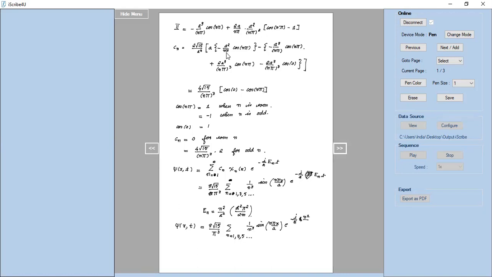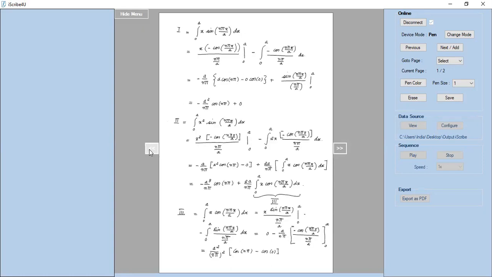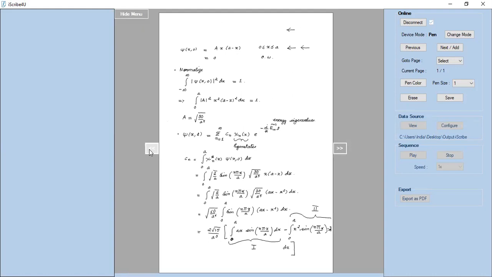N square by a square. I don't know. I had this issue last time as well. But if you look at what we have done over here, let me just go back. All right.